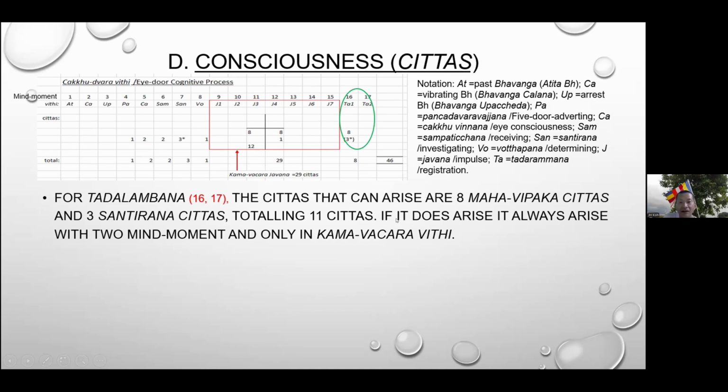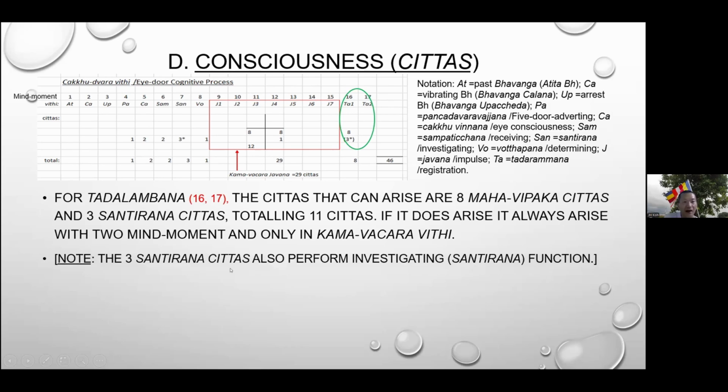If it does arise, it is not necessarily arising, but if it does, it always arises with 2 mind moments, that means 16 and 17. And it occurs only in Cakkhu-dvāra-Vithi, that means only when it involves the sensual world cognitive process. It doesn't appear in the rupa vachara, nor in the arupa vachara cognitive process. That's what it means.